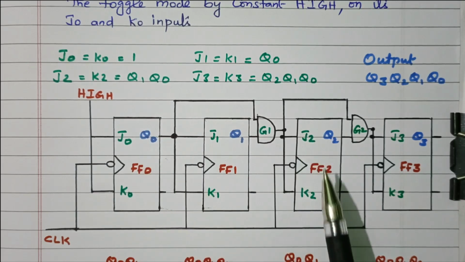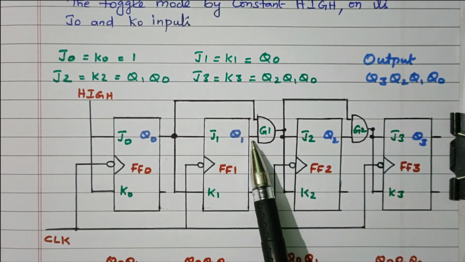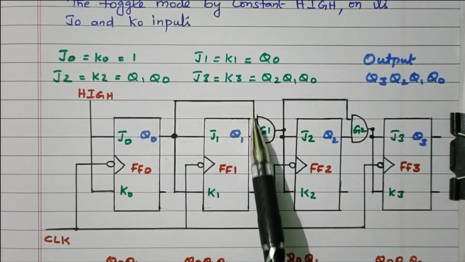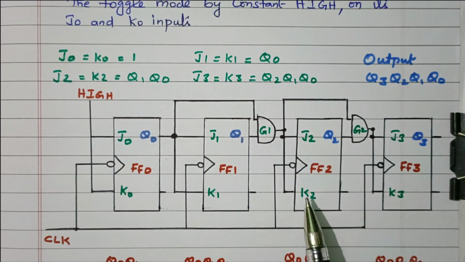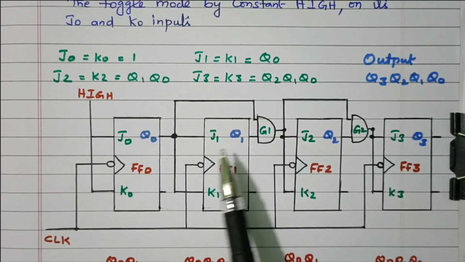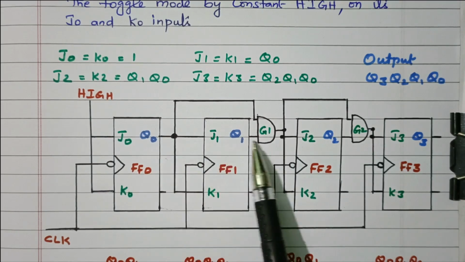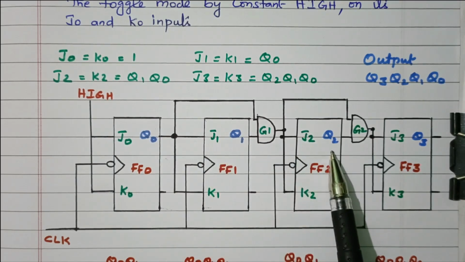Then the third flip-flop, J2 and K2, is connected through an AND gate, with Q1 as well as Q0. If both are high, then only we will get a high output here at J2 and K2. So whenever Q1 as well as Q0 are high, 1 will be applied to J2 and K2 so that the output Q2 will toggle.